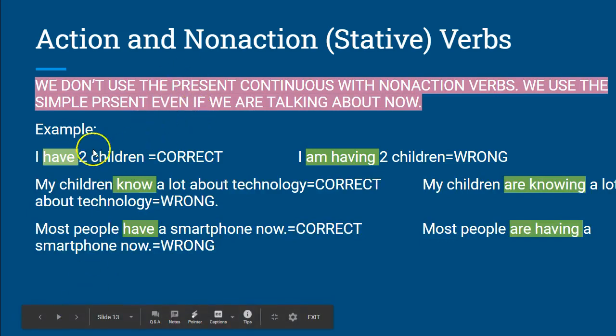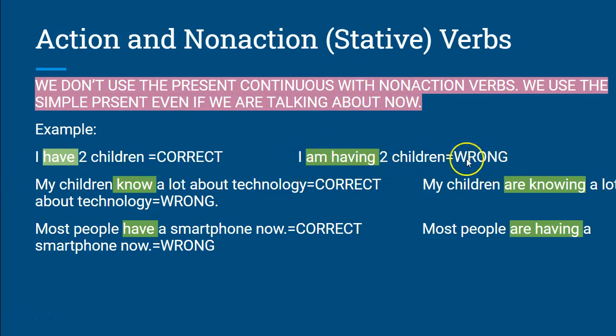So something to remember is that we cannot use present continuous with non-action verbs. We use the simple present, even if we are talking about something that's happening now. So, for example, I say, I have 2 children. I cannot say, I am having 2 children.